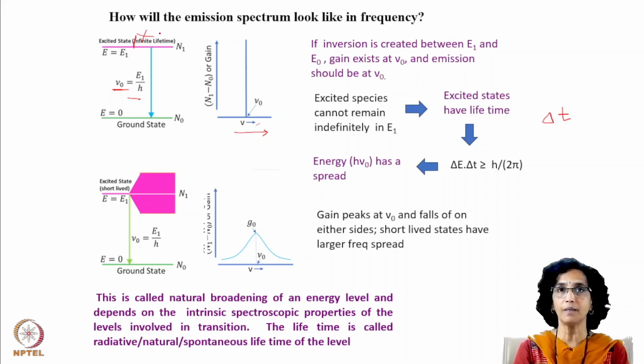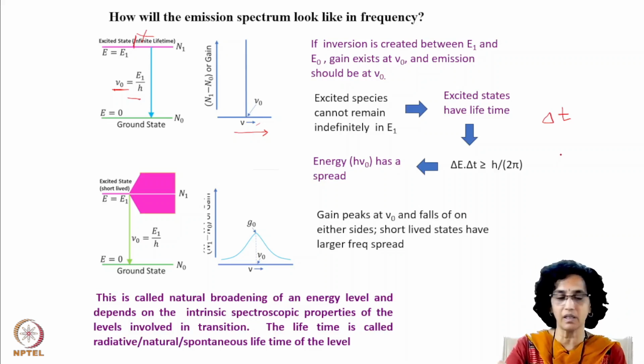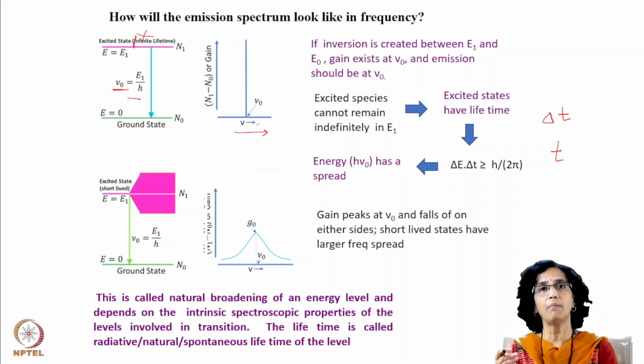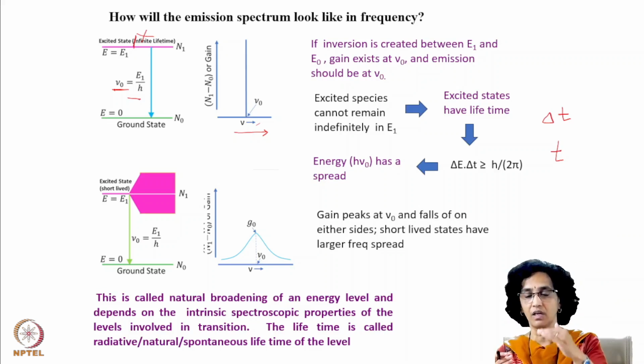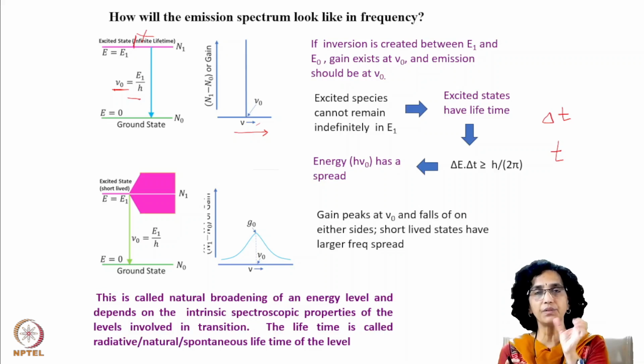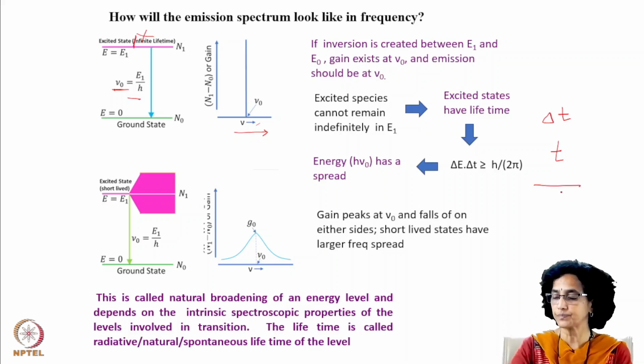If a particular level has a lifetime T, then in time T, about 66% of the population comes down. That means only 33% remains in that particular level.